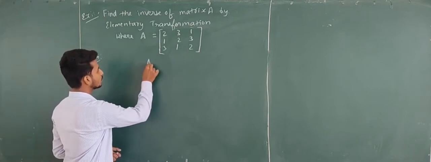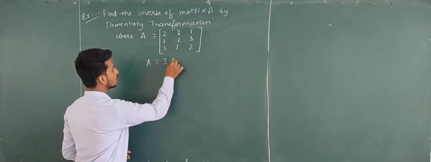To find the inverse of a matrix, we should first write A equal to IA.